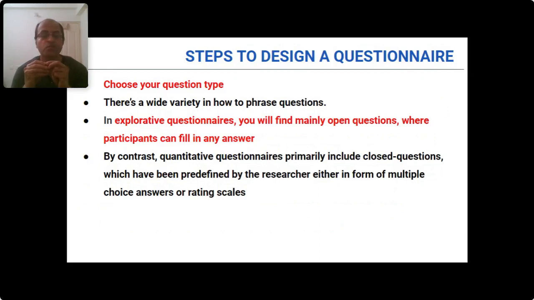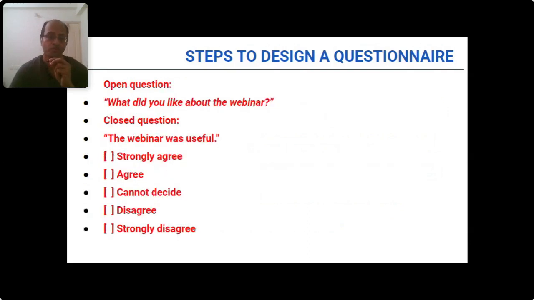In the case of exploratory questionnaires, you use open-ended questions. In contrast, if it's a quantitative questionnaire, you use closed-ended questions, meaning the researcher knows definitively what he's asking. What exactly is an open-ended question and what's a closed-ended question? Here is how it goes.